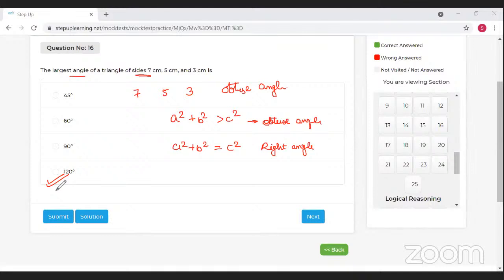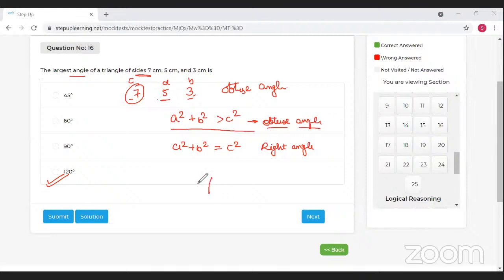Okay, didn't understand. Thierry, this is like a conceptual question. So if you add any two sides, it will always be greater than the third side. So we assume that the third side is 7, a, b and c. So a square plus b square compared to c square, that's the property of an obtuse angle.